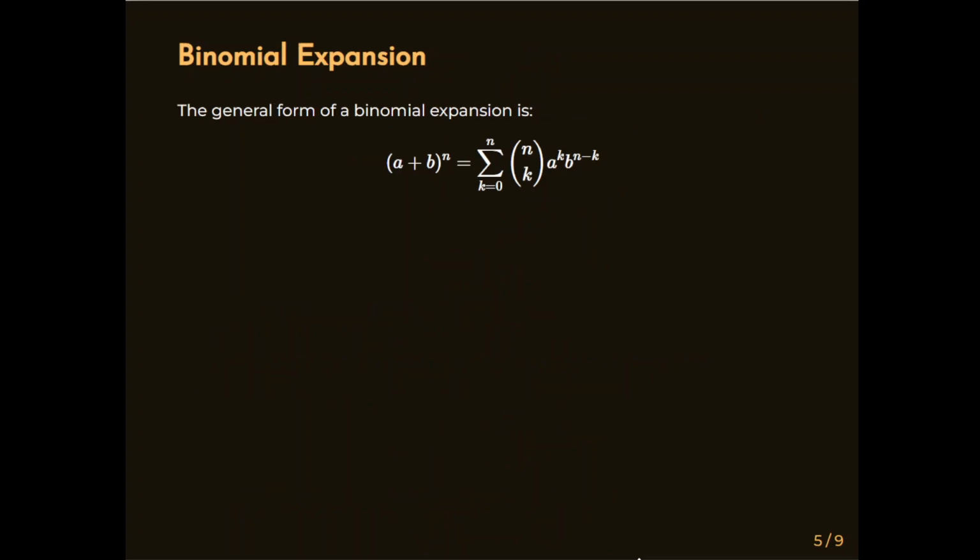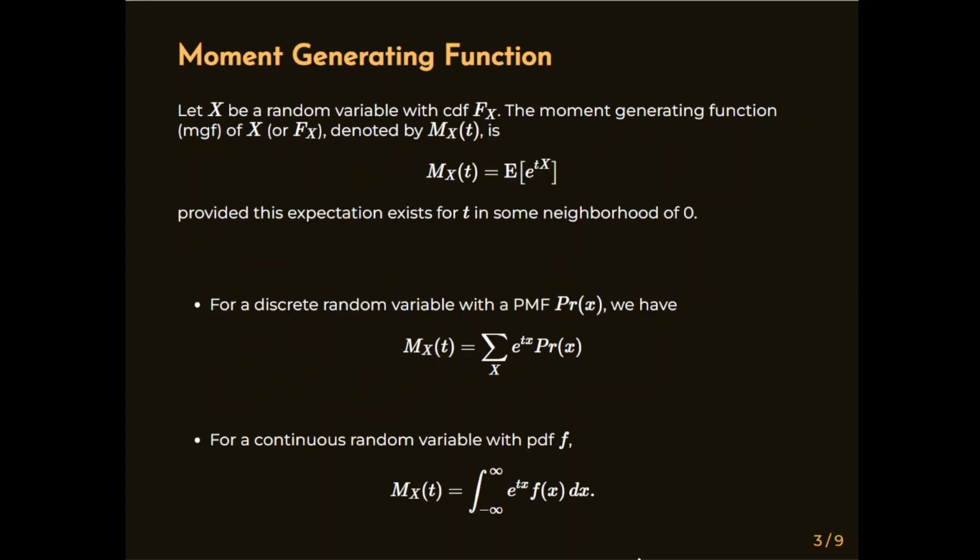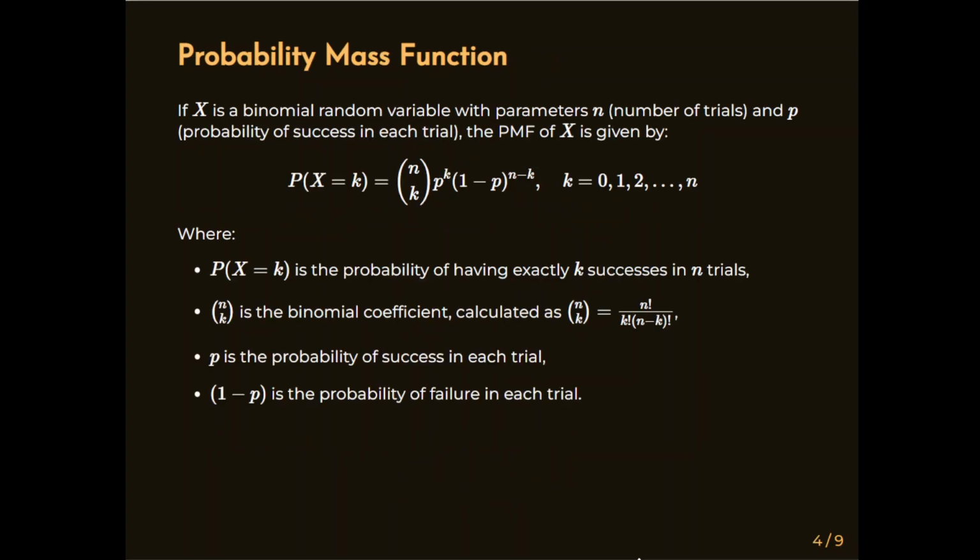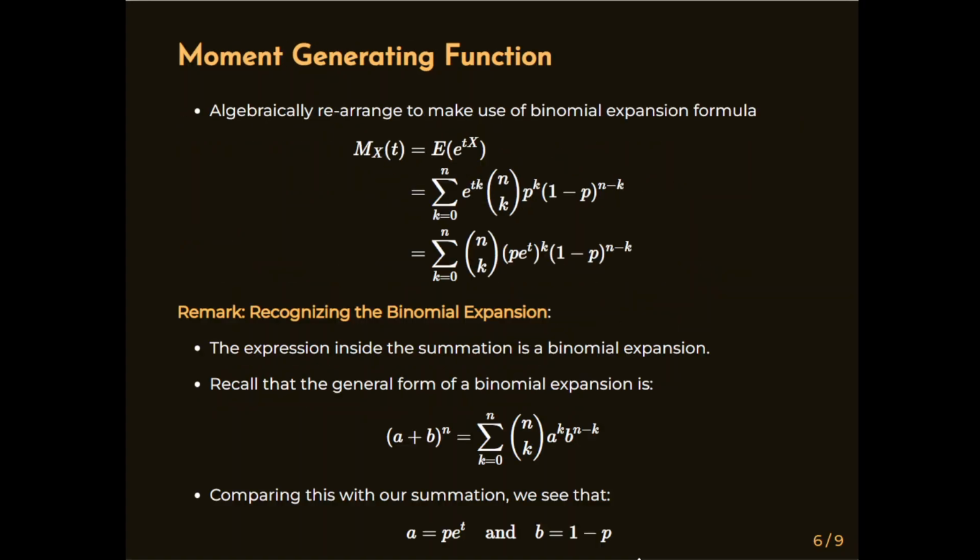I'll just go back a second to use this expression here, the first bullet point. For a discrete random variable PMF, we're using that first bullet point, the exponential of tx times the probability of x. In this case, it'll be the probability of k.